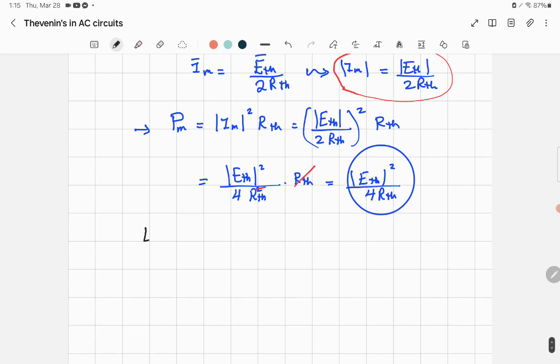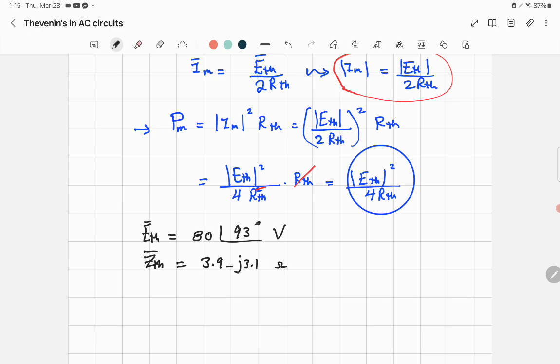In our example, E Thevenin as a phasor is equal to 80 at an angle of 93 degrees. That's what we found. And Z Thevenin, we found in Cartesian form, 3.9 minus J 3.1.